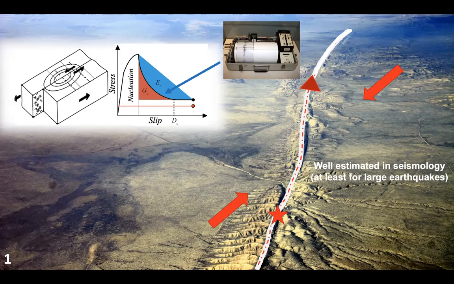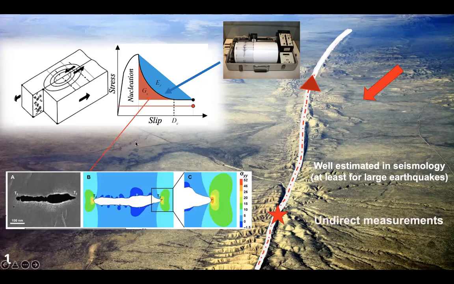And the second energy that is really important, and the one I'm mostly focusing on understanding, is the fracture energy. So what is the fracture energy? The fracture energy is the energy required to propagate the fault, to unzip the fault, propagating the seismic rupture.